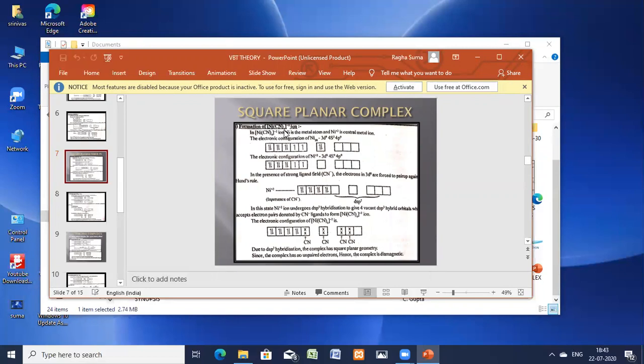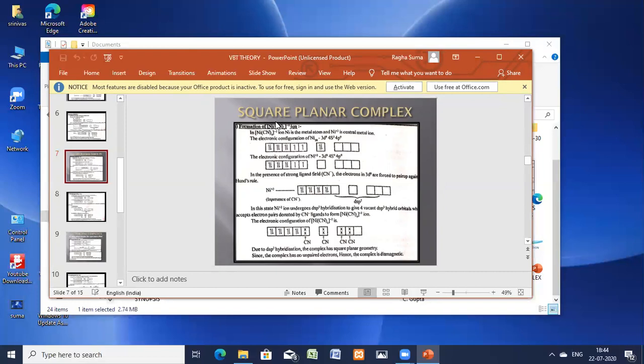If the coordination number is 4 and the hybridization is sp3, then that is a tetrahedral complex. If the coordination number is 4 and the hybridization is dsp2 or sp2d, then that is a square planar complex.